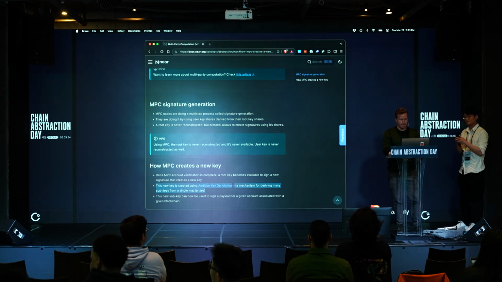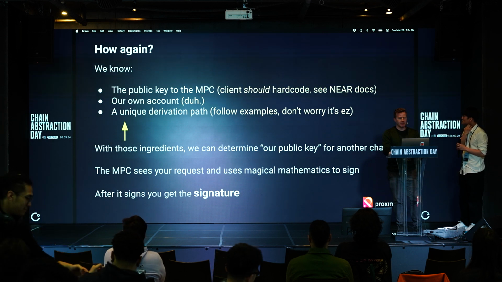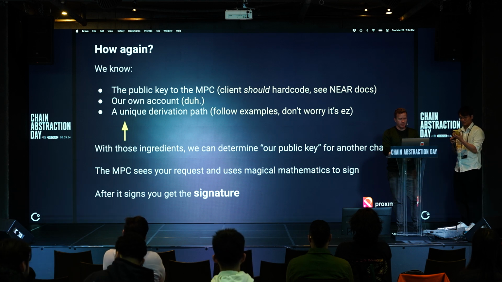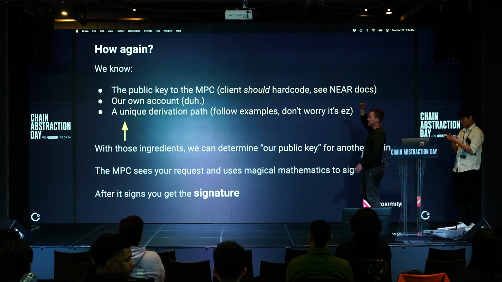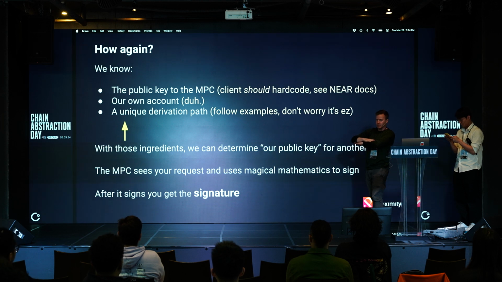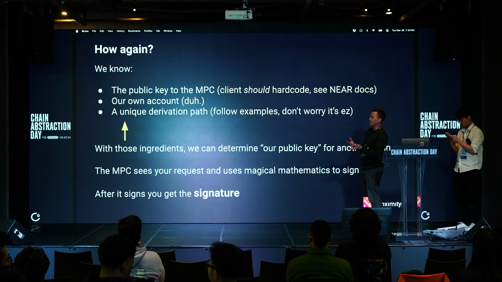Now this is my understanding, and there's a lot of people here who understand this better than me, so feel free to chime in. But the basic idea is this. We know that the MPC on testnet has a public key. If all of them were to combine, they could sign a message that looked like it's coming from a certain public key.